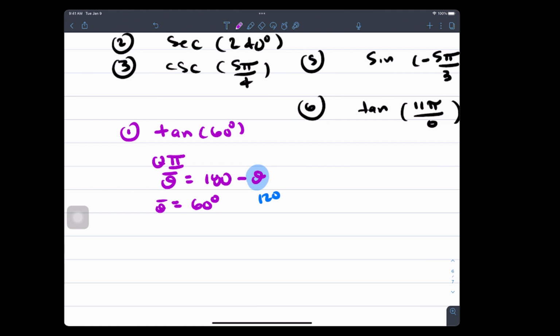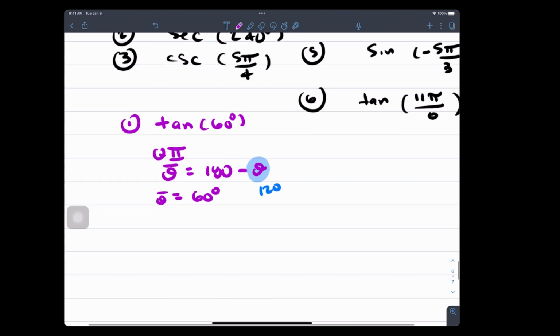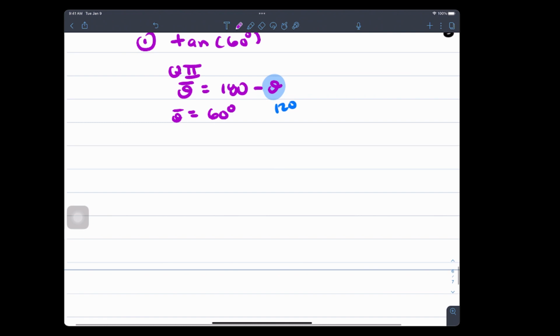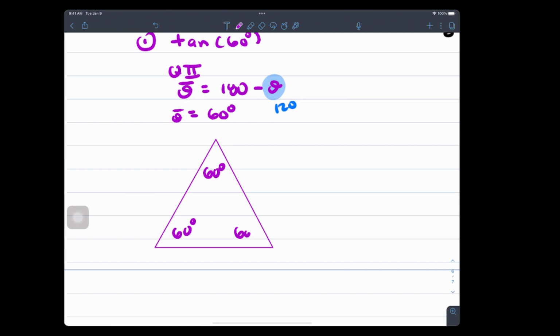All right, and so you say, do I have to know what tangent of 60 is? You do. And now, here's what you get out. 60, 60, and 60. So remember, you have to get out your special triangle. So that tangent of 60 degrees, what's the definition?